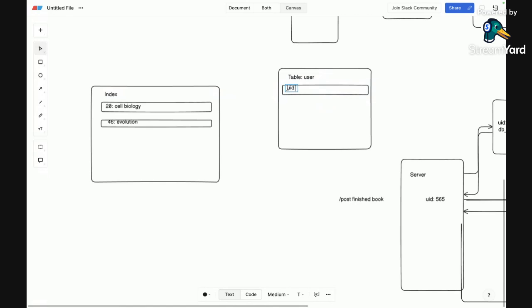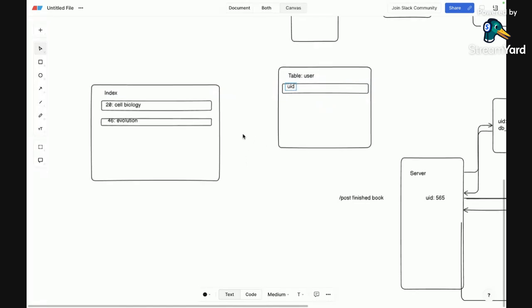So this will be UID 1. Inside the database, again, same concept as the notebook, there are pages. There are different pages. So inside the database it is stored like this: page 1, UID 1, then UID 2, UID 3. This is how the records are stored inside the database.